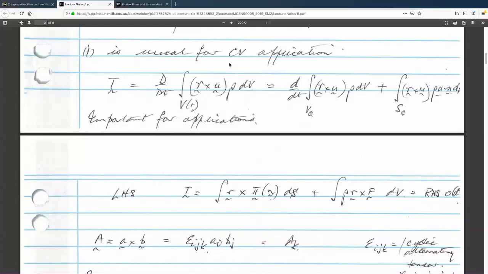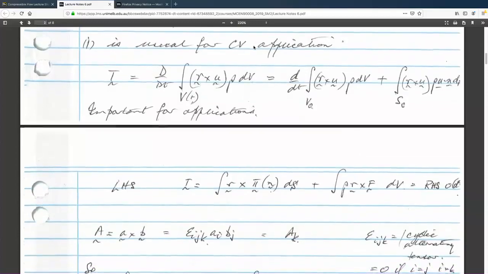Now that's very significant because epsilon ijk is like the Kronecker delta, delta ij, which you've already seen, which has this strange property that it's 0 if i is not equal to j, and it's 1 if equal to j. What about epsilon ijk? It's called the cyclic tensor or the alternating tensor, and it's very simple.